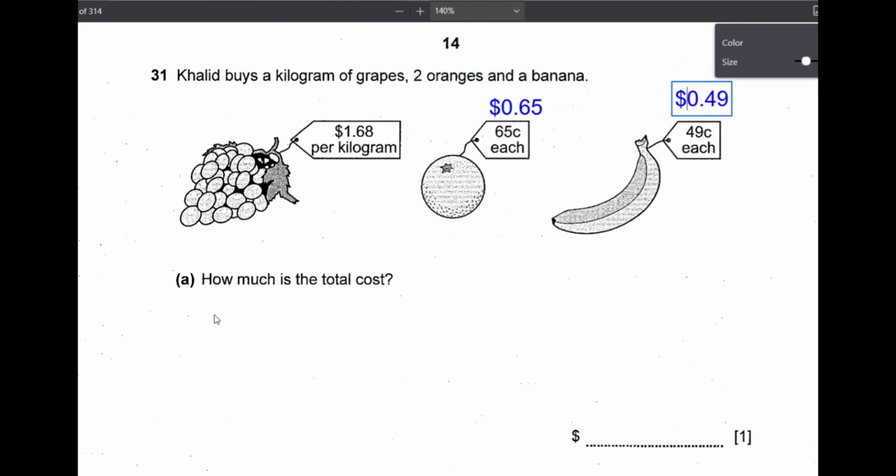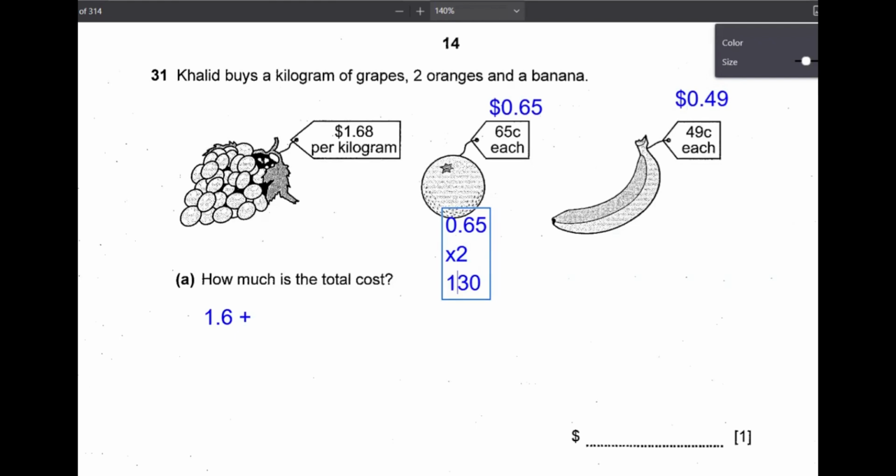Then you need to add them. $1.68 plus 2 oranges. 1 orange is 0.65, so for 2 oranges you multiply 0.65 times 2. 2 multiply 5 is equal to 10, write 0, carry over 1, and 2 multiply 6 is equal to 12, plus 1 is 13.